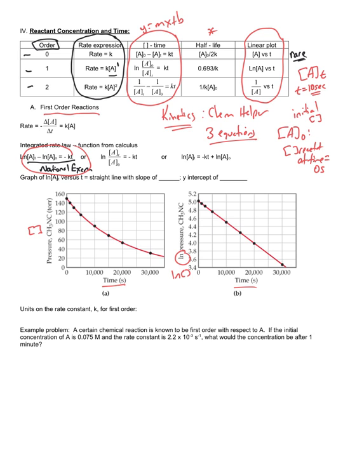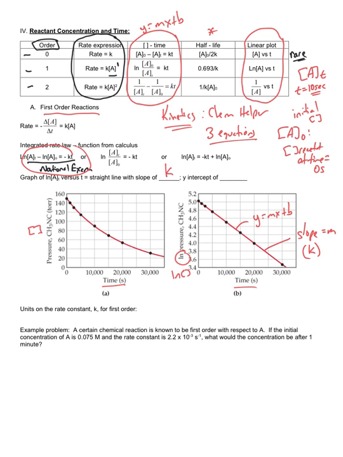Graphing the natural log of the concentration versus time will give me a linear plot, as we can see here. Okay? Now again, because it's a line, we get y equals mx plus b. Well, what is the slope of the line? The m. The slope of the line has been found to be k, the rate constant.